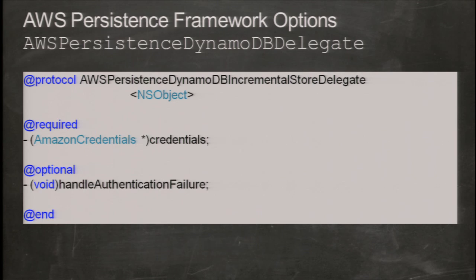So we create an implementation of the AWSPersistenceDynamoDBIncrementalStoreDelegate protocol, which has a credentials selector, which then provides credentials to the AWS Persistence Framework. And since we're most likely using temporary credentials inside of a mobile environment, we also want to be able to handle when our credentials expire or if they are invalidated for some reason. So we also have a selector for handling authentication failures.